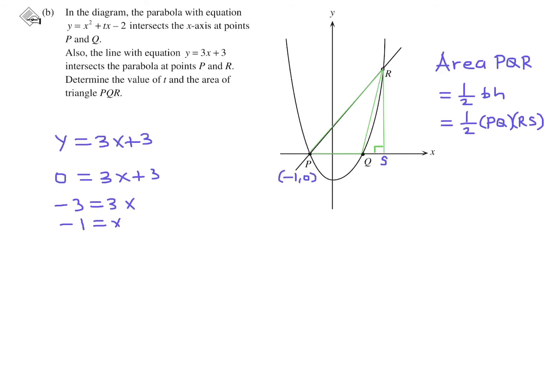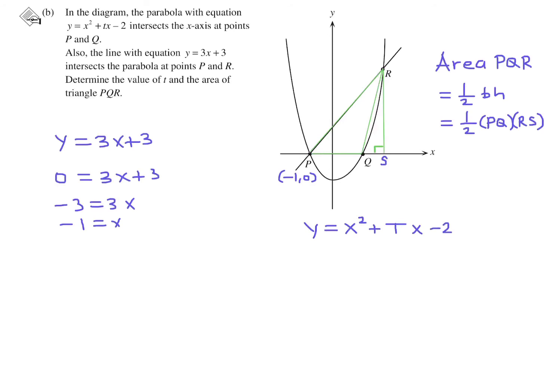All right, so we got at least a little bit of information. Now, where would you like to proceed next? Well, obviously, with this equation, that's the only other equation we have. So y is equal to x squared plus, I'm going to put a capital T, otherwise it's going to look like a plus sign, minus 2.